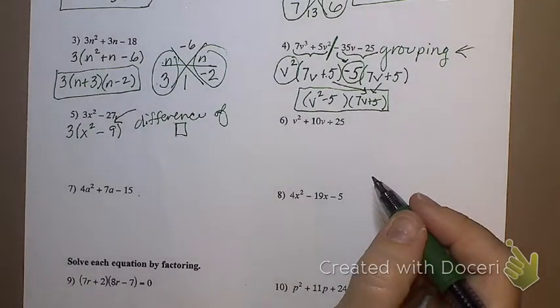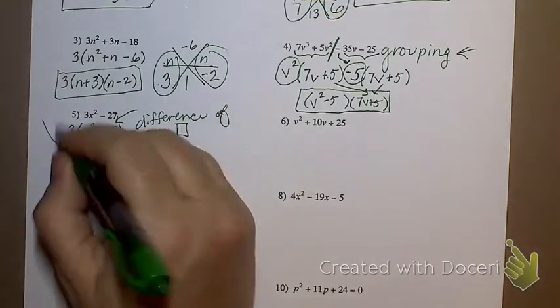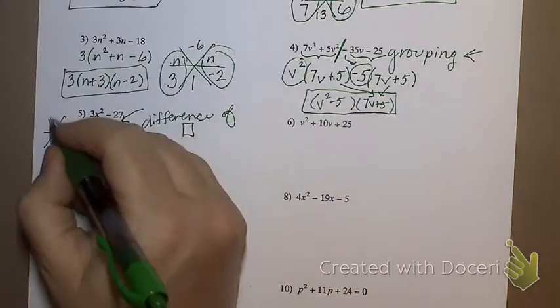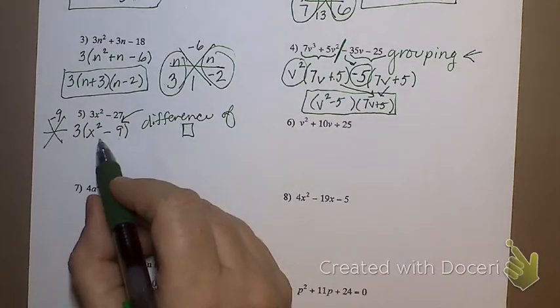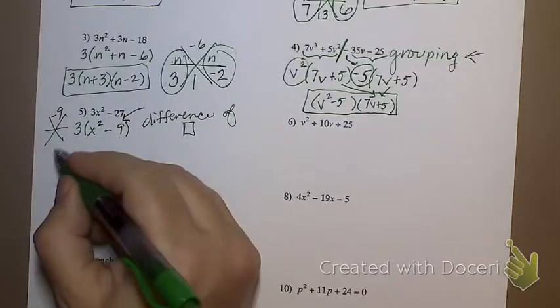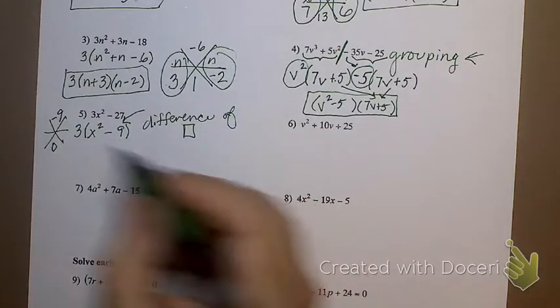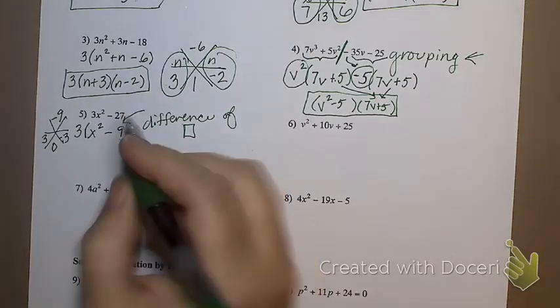Now if I don't remember the shortcut, can I snowflake this? Sure can. A times C would be 1 times negative 9, which is negative 9. What's my B value? There is no B value, so what does that mean? It's 0. So what are my two numbers that would multiply to get negative 9 and add to get 0? 3 and negative 3.